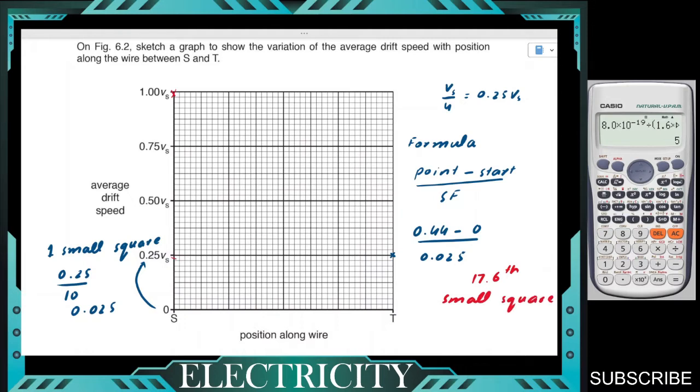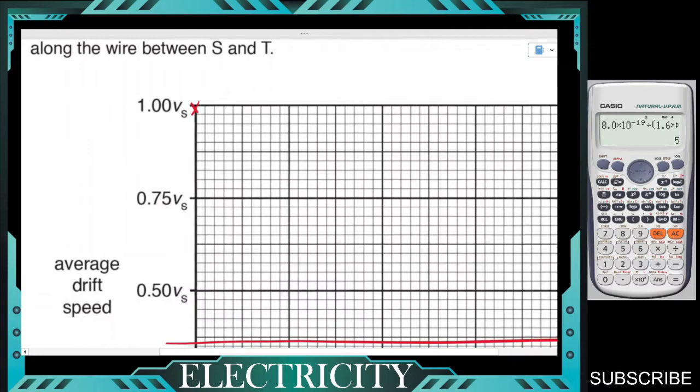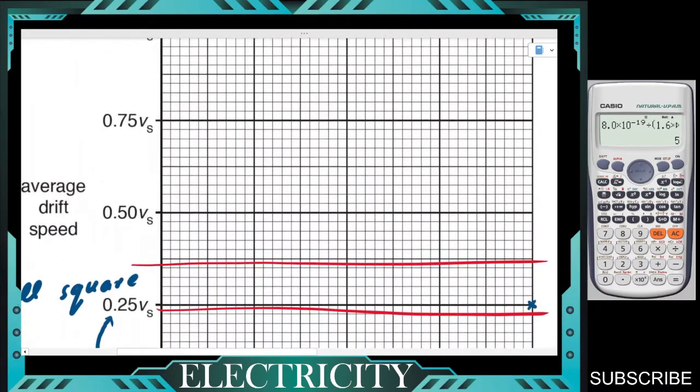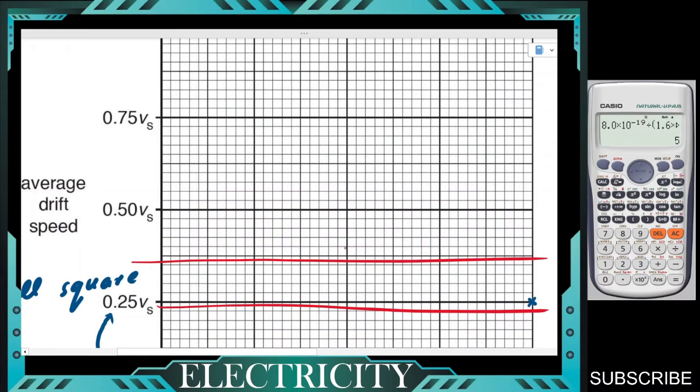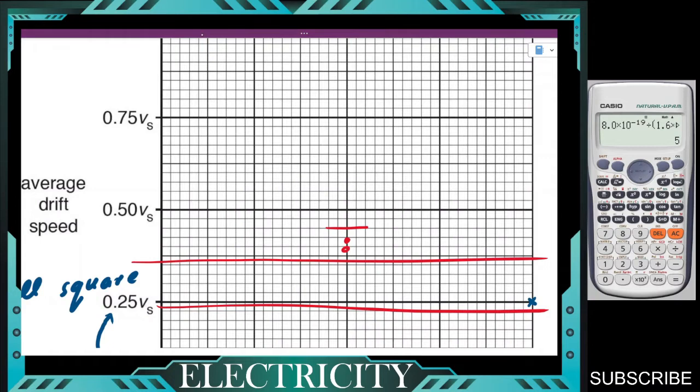Okay, so 10 blocks here, this is 15, and if I zoom in, 15, then you have 16, then 17, over here you have 18, and in the middle of it you have 17 and a half.